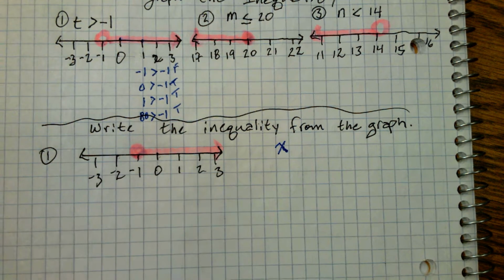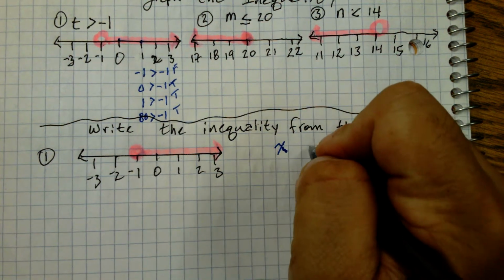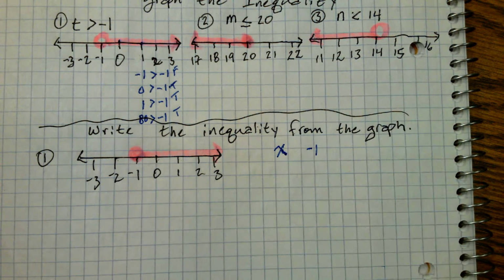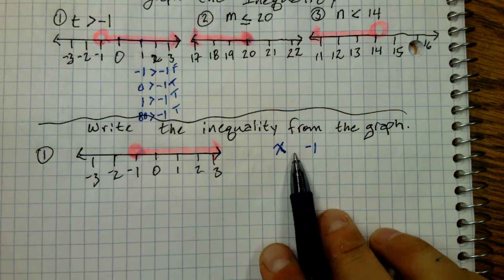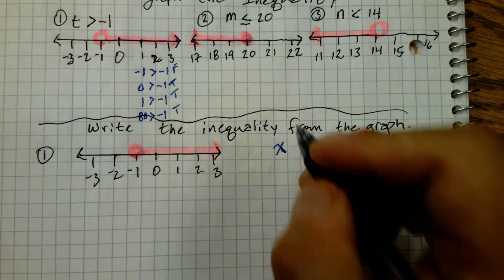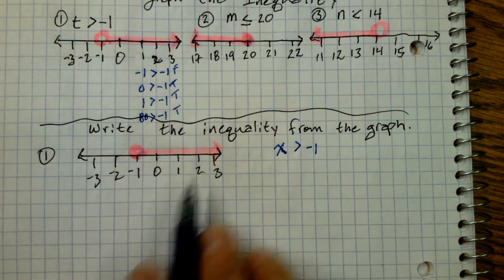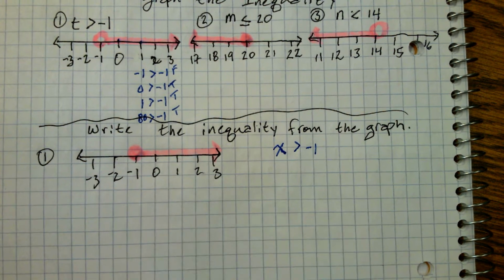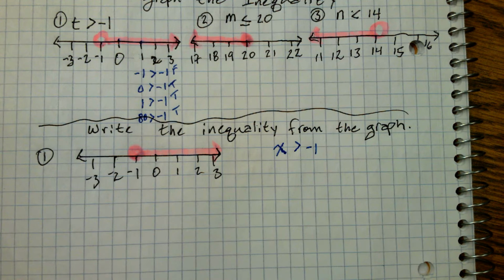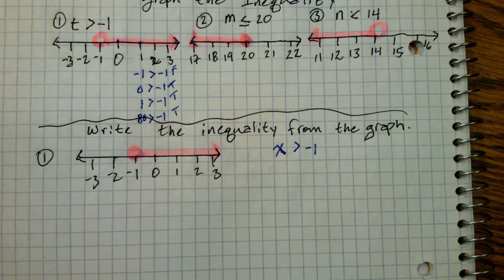Obviously, -1 is the main actor in the show, so it goes there. What kind of symbol do we want? Greater than. It's greater than because it's everything to the right. Does it have an equal to part? Do we put the bar underneath? No. How can we tell if it's a yes or a no?